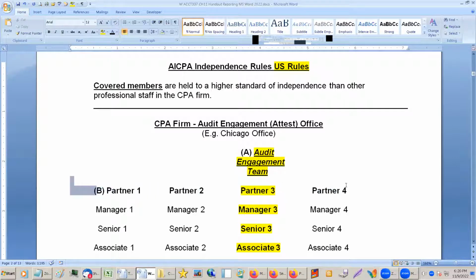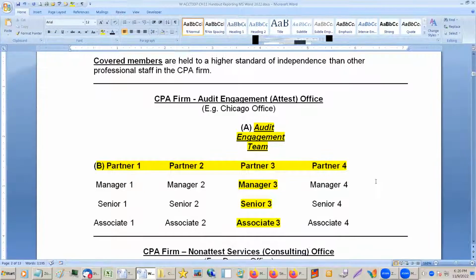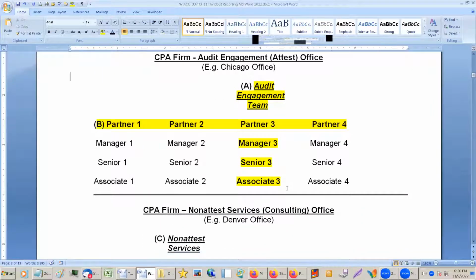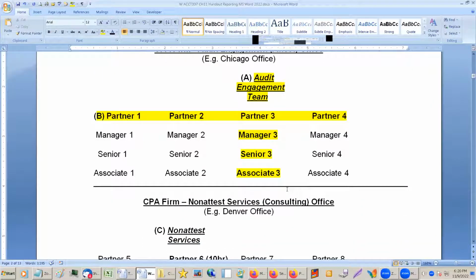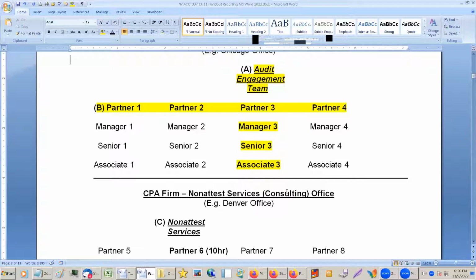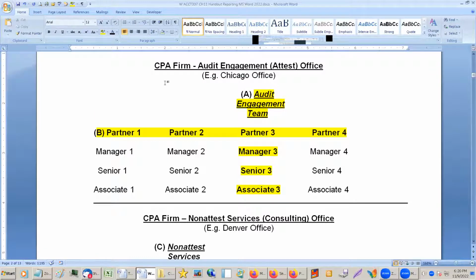All of the partners in that office must be independent. Okay, so this is in the audit office.